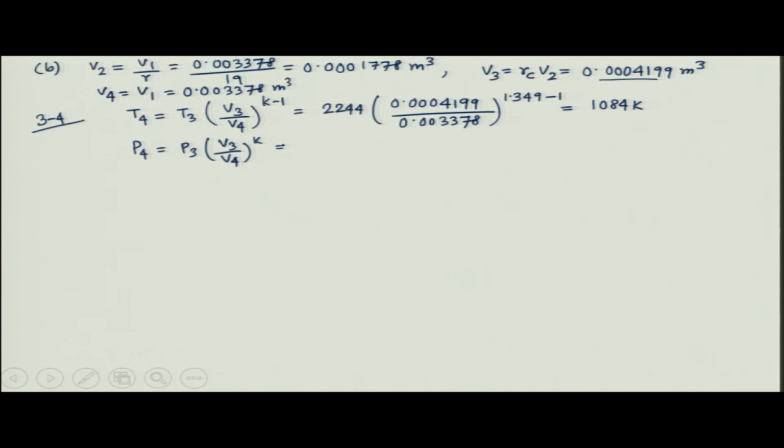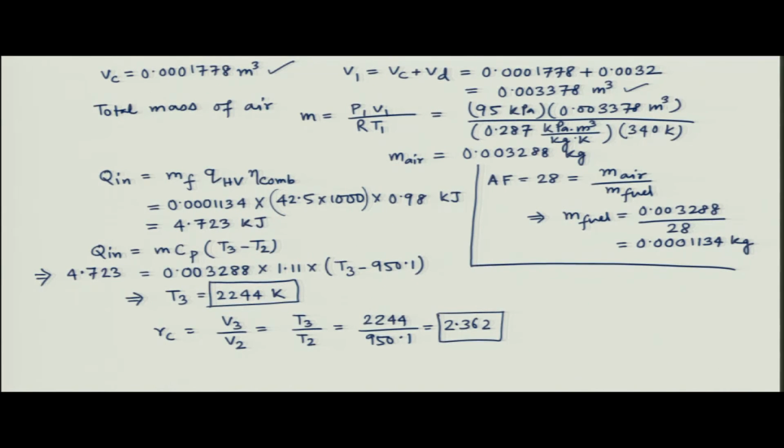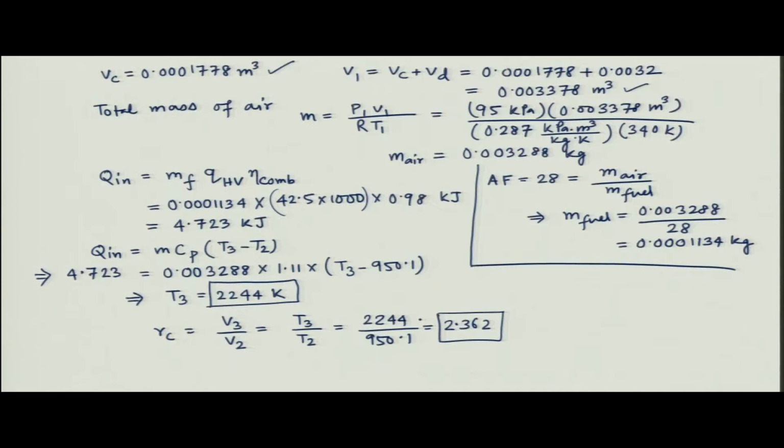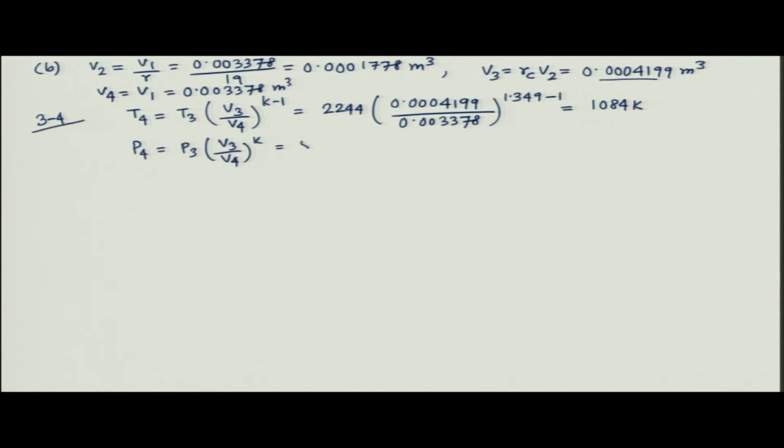Now, what is P3? P3 is basically P2, and in the previous slide we have solved P2. Yes, P2 is 5044 kilopascal, because P3 equals P2. So with V3 upon V4 to the power of 1.349, you will get P4 as 302.9 kPa.